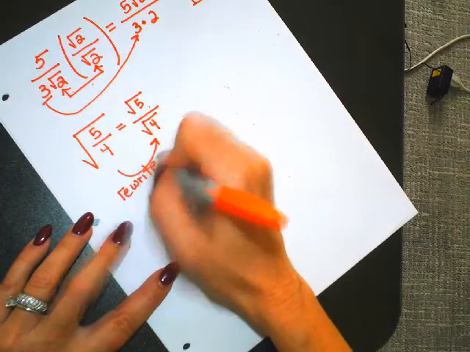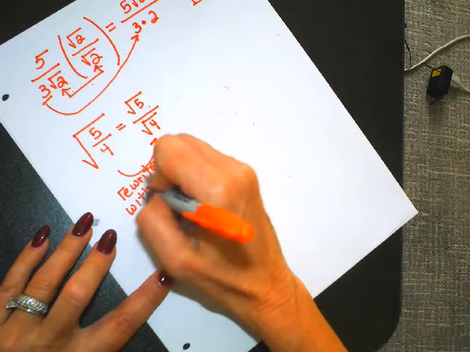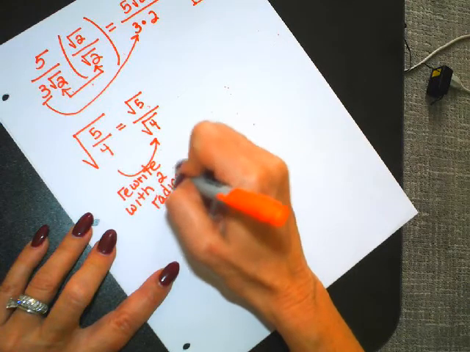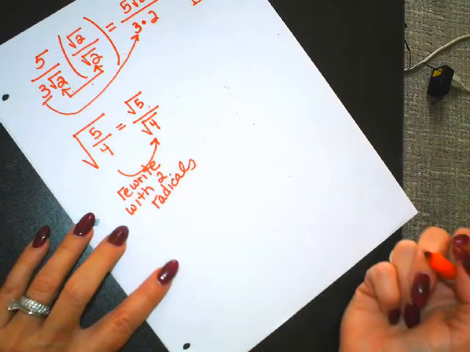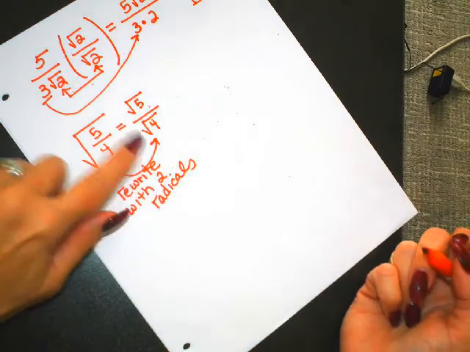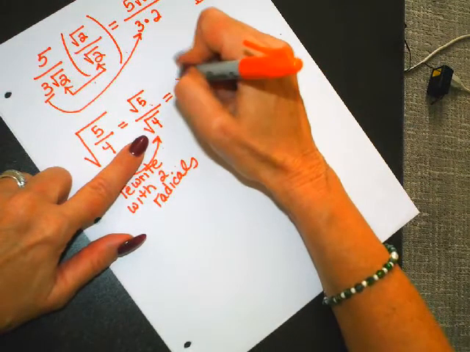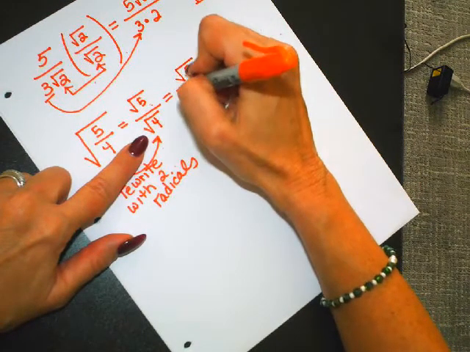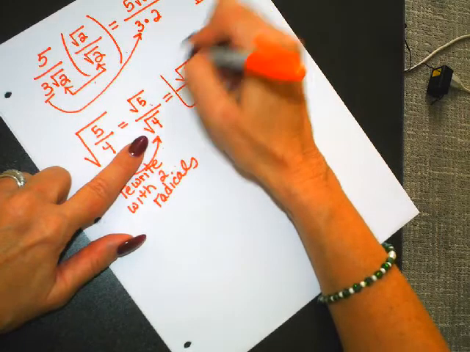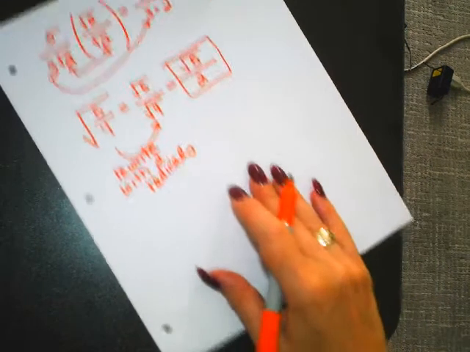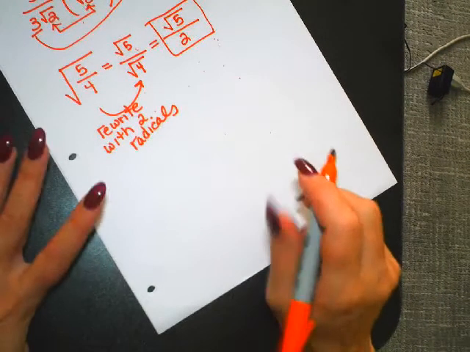Everybody gets their own radical. And now we simplify it. This one worked out nice because we had a perfect square in the denominator. So this just becomes the square root of 5 over 2, and we have nothing to do. You can have radicals in the numerator, that's fine, but you cannot have radicals in the denominator.